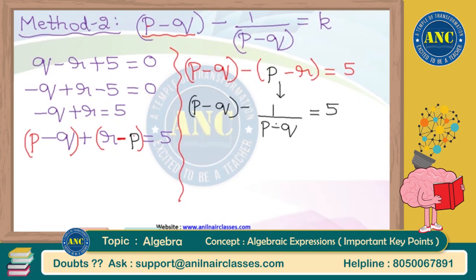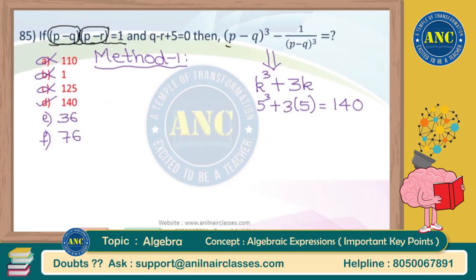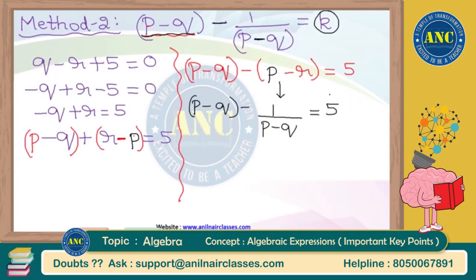That means, I was actually looking to find p minus q minus 1 by p minus q value, so that if I know that value, I can easily find (p minus q) whole cube minus 1 by (p minus q) whole cube also very easily, and I got that value as 5 right now. So whenever I know p minus q minus 1 divided by p minus q value, it is very easy for me to find the cube of it.